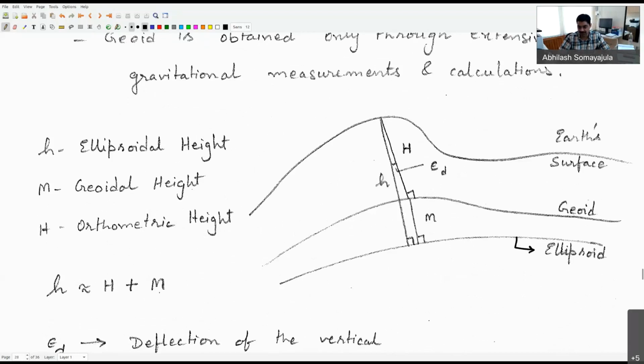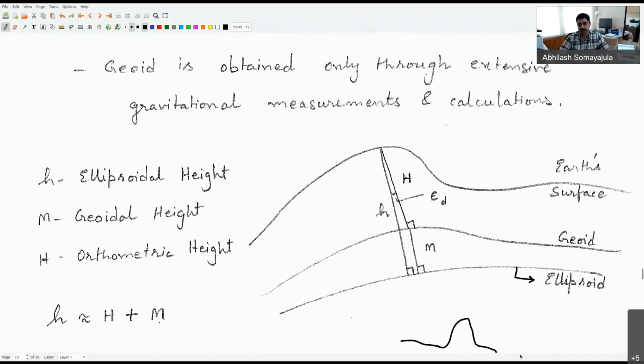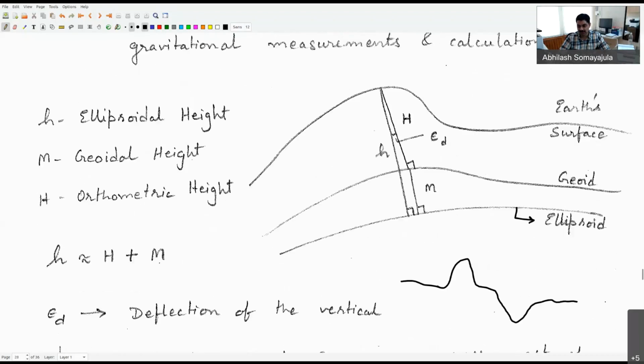So suppose I had Mount Everest, and then I have the Mariana Trench, then the geoid would somewhat follow these features in order to make sure that the gravitational vector is pointing straight down. Whereas all those undulations will not be there on the ellipsoid. So on the ellipsoid, no undulations.